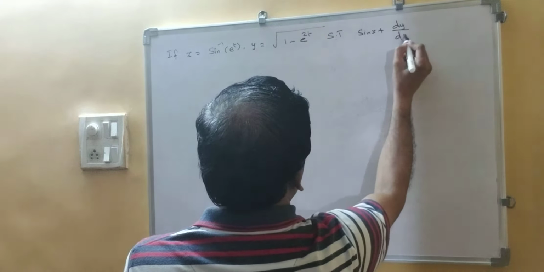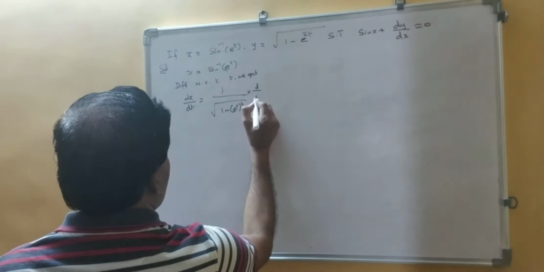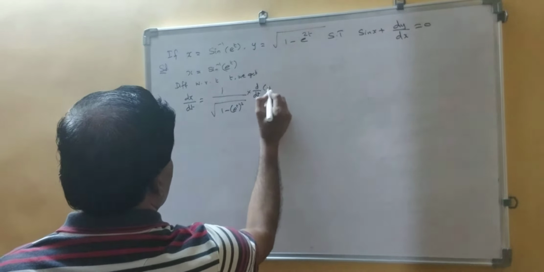Now differentiating with respect to t, we get dx upon dt equal to, what is the derivative of sin inverse x? 1 upon square root of 1 minus x square. So what is x here? e raised to t, into the derivative of e raised to t.